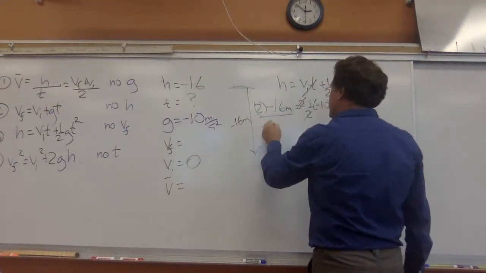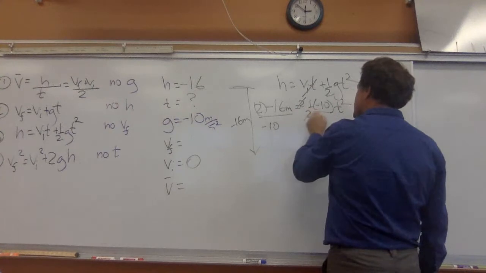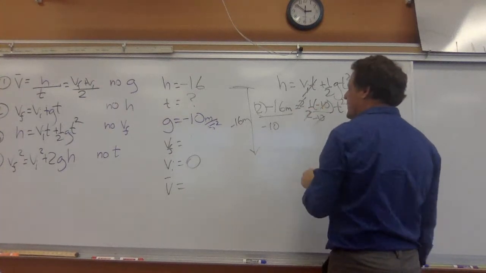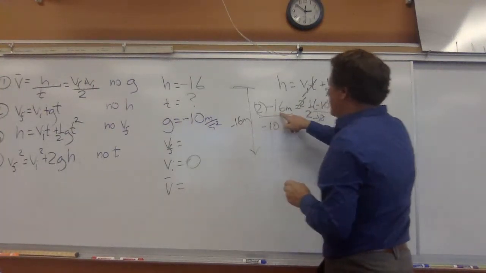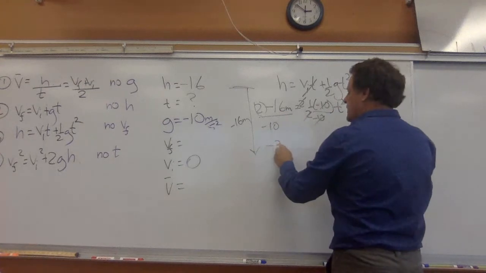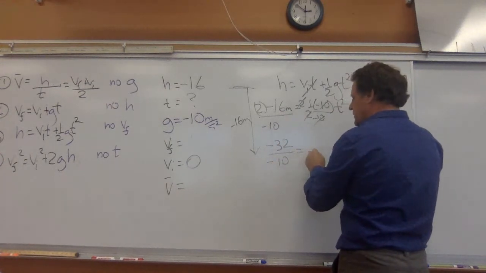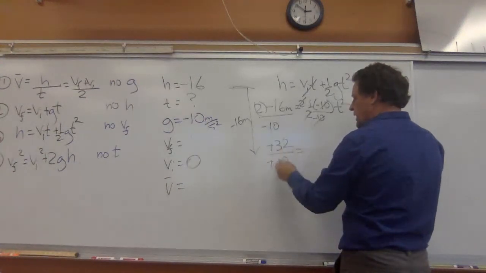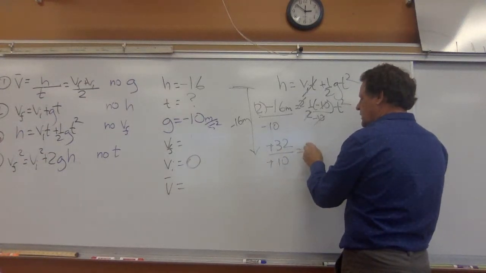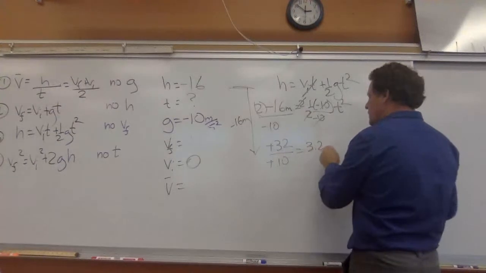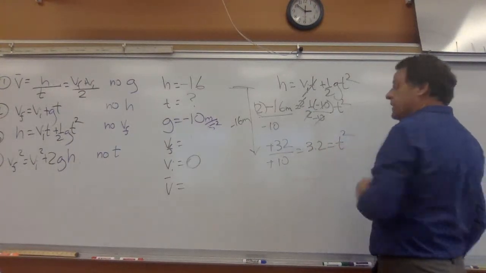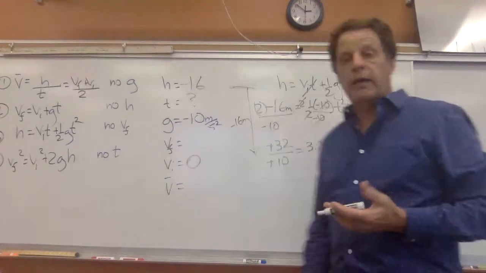And then we're going to divide both sides by negative 10. So 2 times negative 16 is negative 32 divided by negative 10, the negatives cancel out, which is going to be 3.2, and that's equal to t squared, okay?